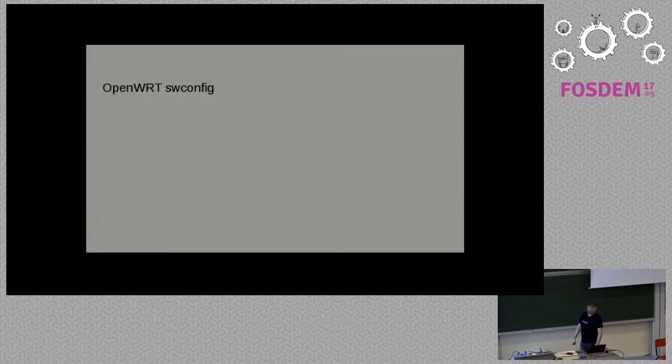The problem, of course, was that you can't just use the vendor-provided software or source code to program those chips. Next slide. Okay. The problem is that the vendor software tended to be quite hacky.